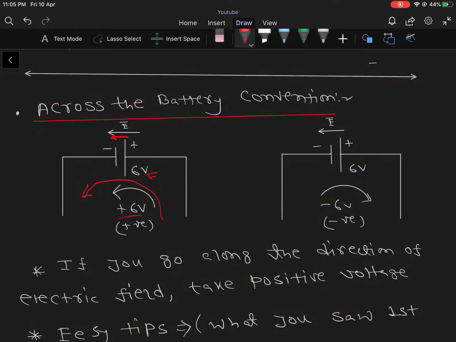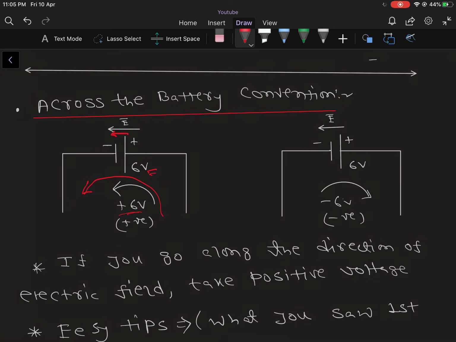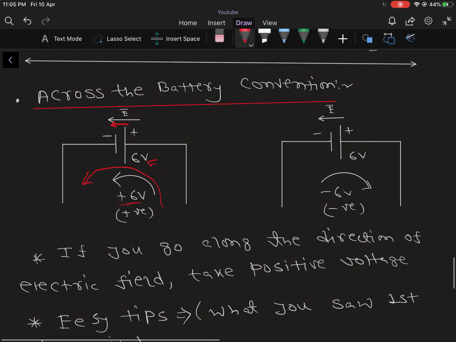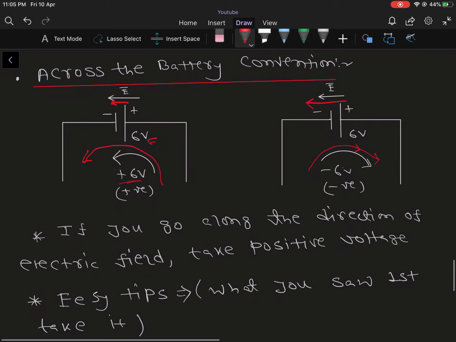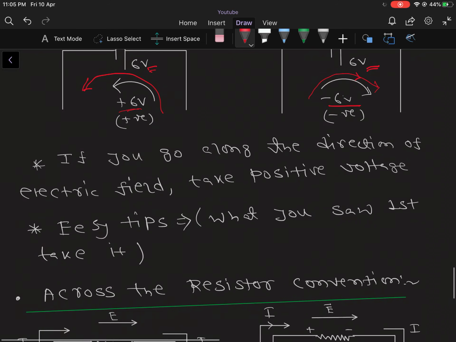If the voltage of the battery is 6 volt, we consider it as plus 6 volt. In the other case, if we go in the opposite direction of the electric field inside the battery, we take negative voltage. If the voltage of the battery is 6 volt, we take minus 6 volt.